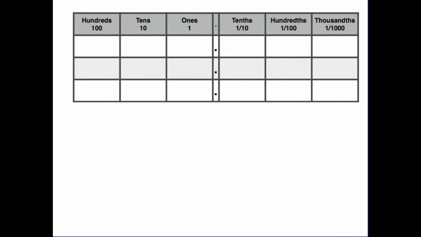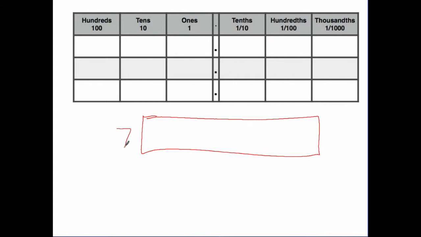The way they would like to see you do it is to draw a table like this. And we know that the number on the outside is what we multiply by, right? And in the number 3 and 12 hundredths, how many ones do we have? 3 ones.